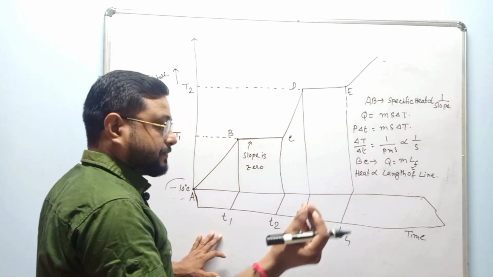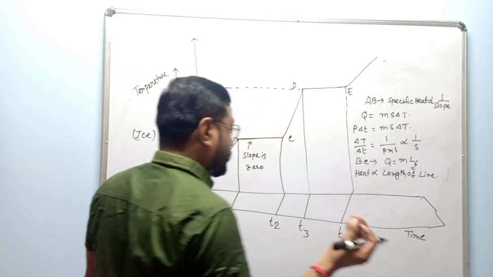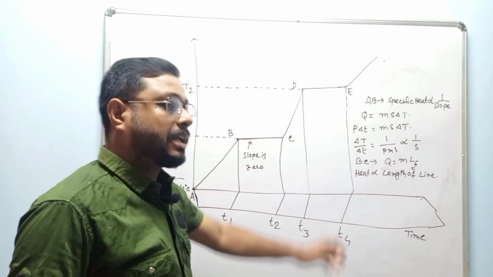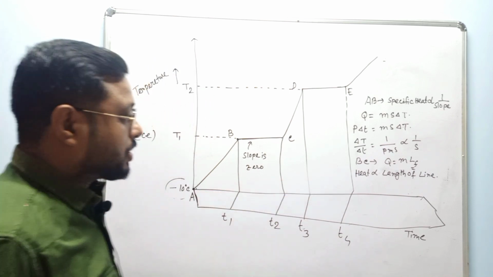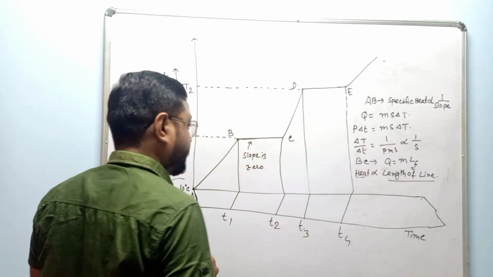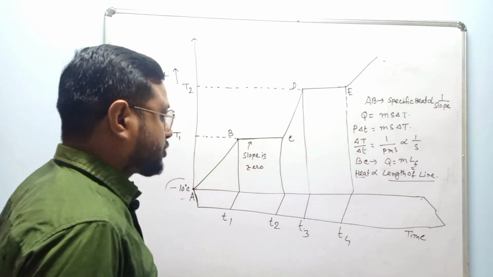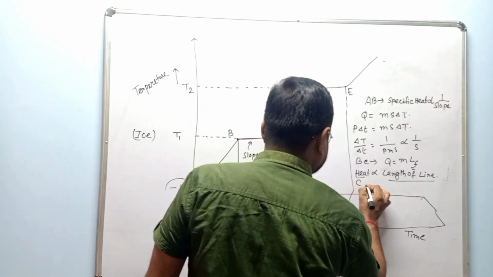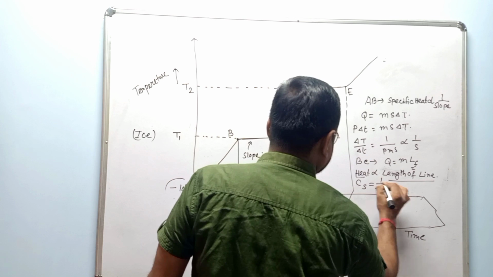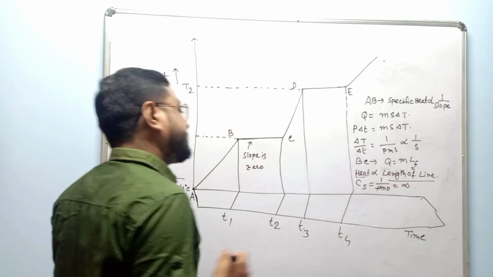If a small amount of ice is taken, then the time is small, and vice versa. So heat is proportional to the length of the line. And here the slope is 0, so the specific heat s, being inversely proportional to slope, is 1 by tan 0, equal to infinity. Here specific heat is infinity.